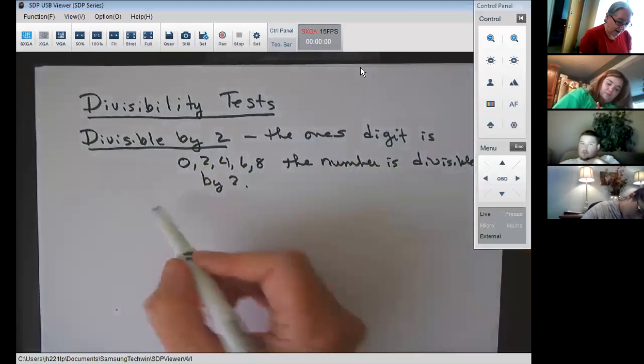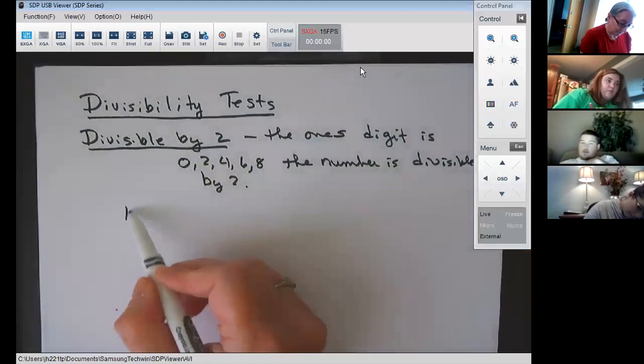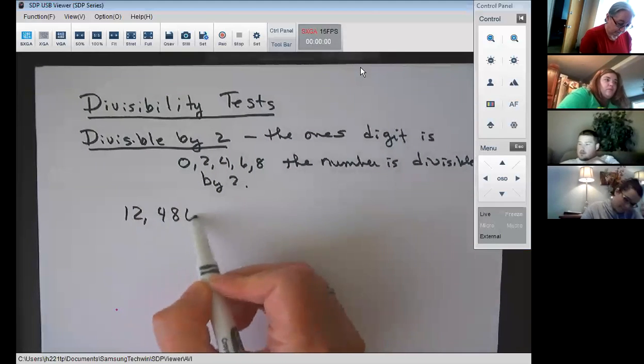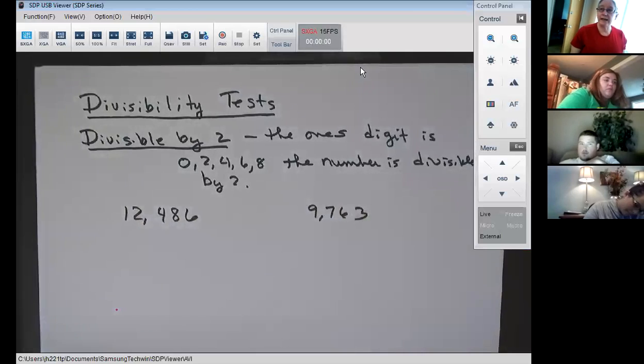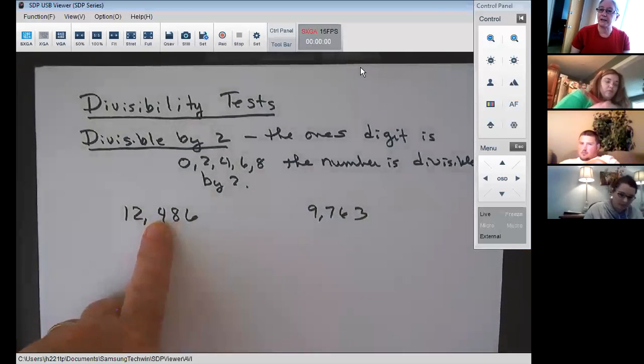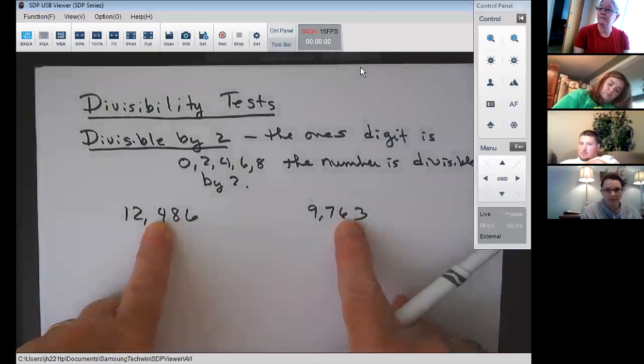Okay, so I can look at these two numbers, and without doing any kind of work at all, I can look at this one and say, well, I know that one's divisible by 2. I know this one isn't.